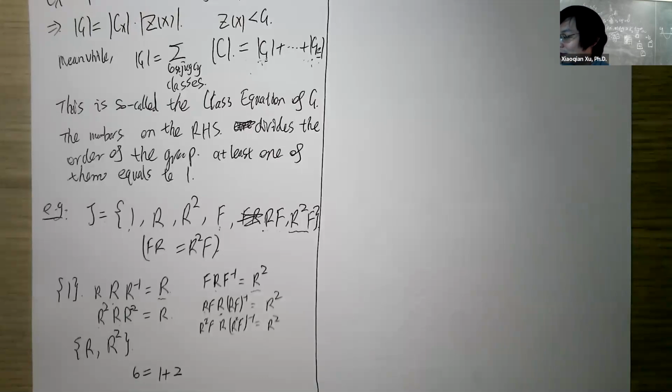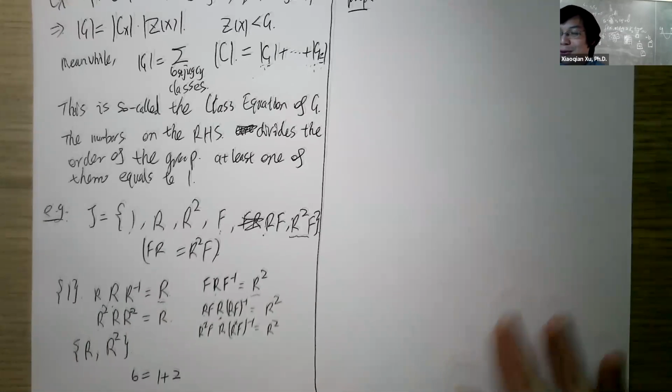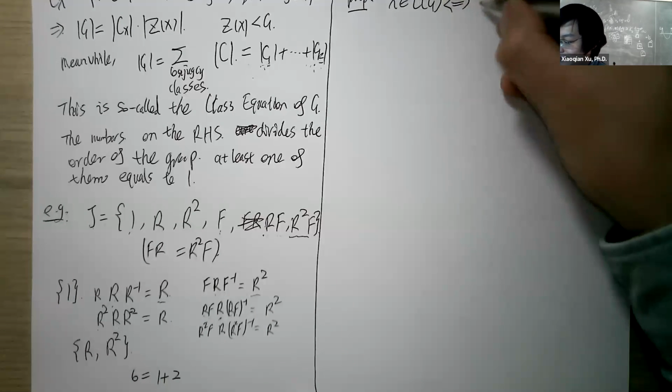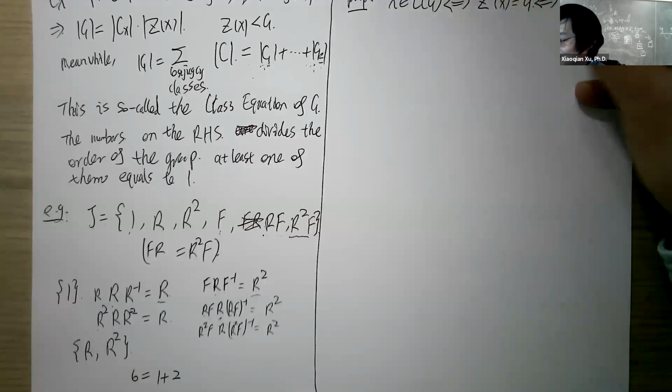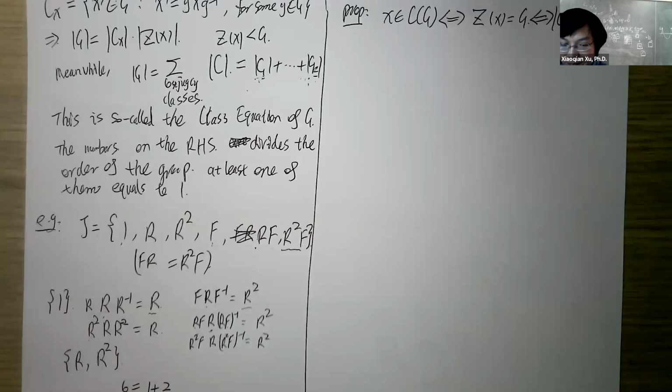What's the meaning of a conjugacy class having only 1 element?